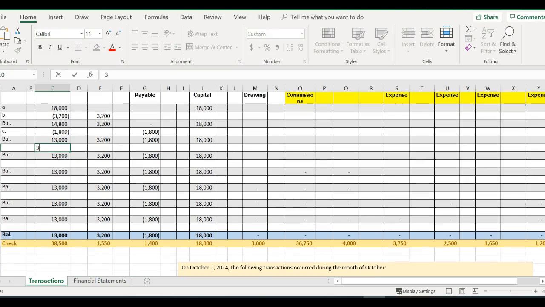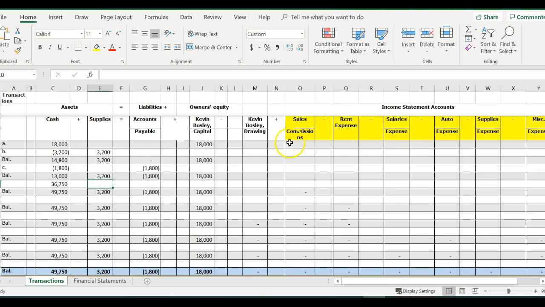So type in 36,750 on the asset side. So now I've got 49,000 here, but I need to increase my sales on that same line. So that becomes, this is recording my sales. So now we're still balanced, right?